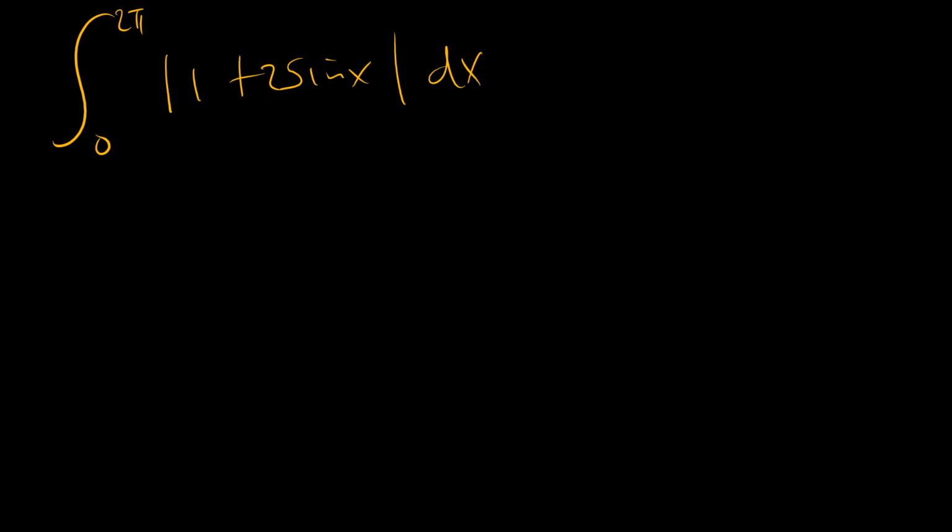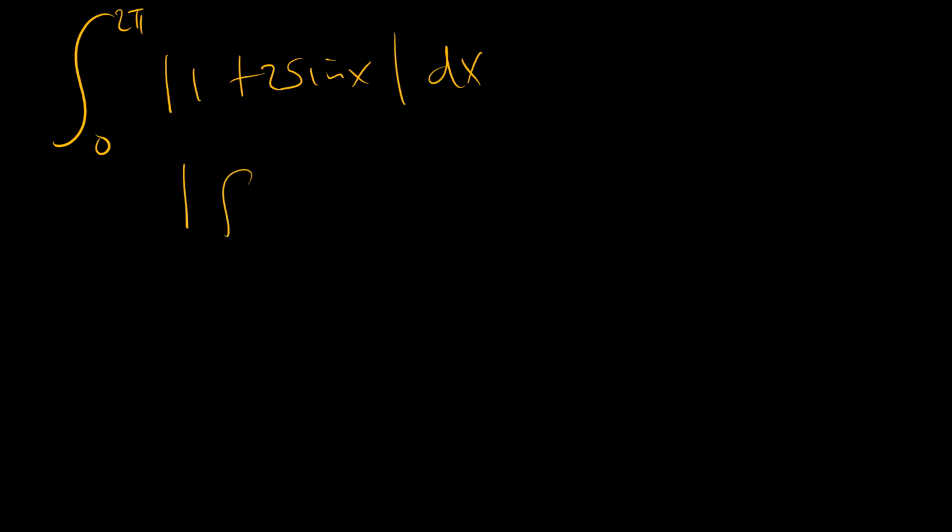So our problem is the integral from x equals 0 to 2 pi of the absolute value of 1 plus 2 sine x, right? So what is, for example, an absolute value of a function?